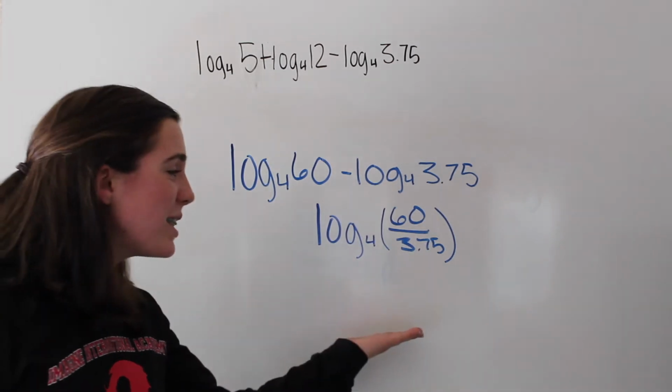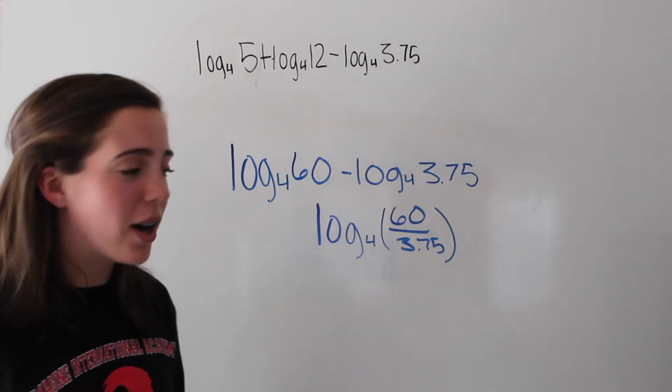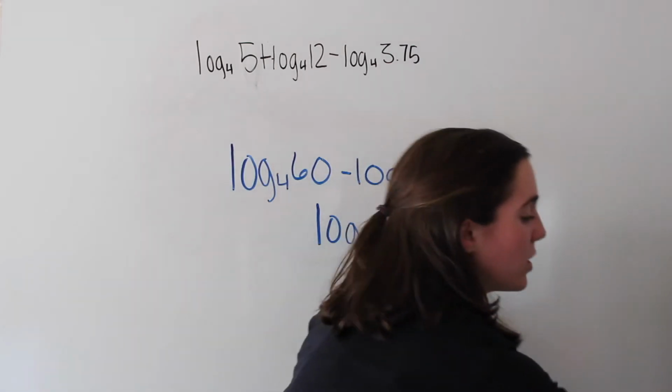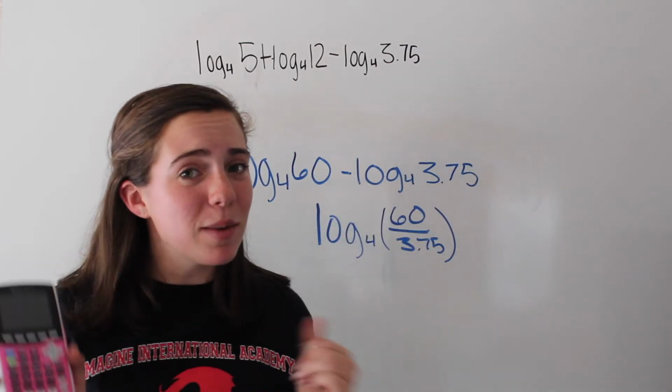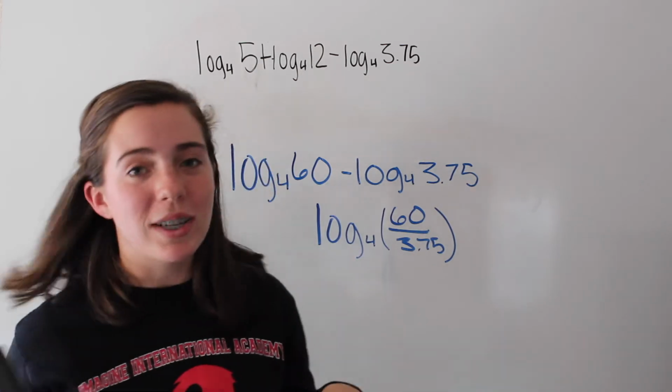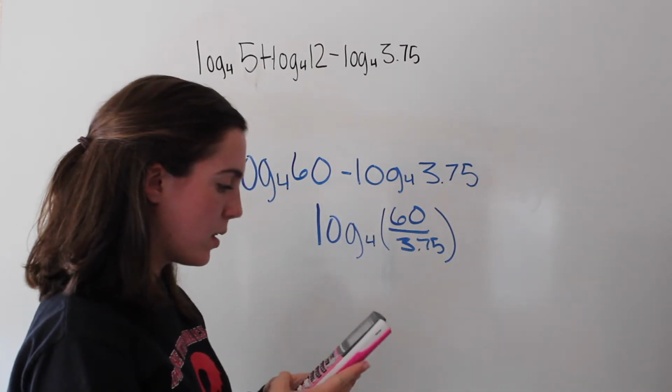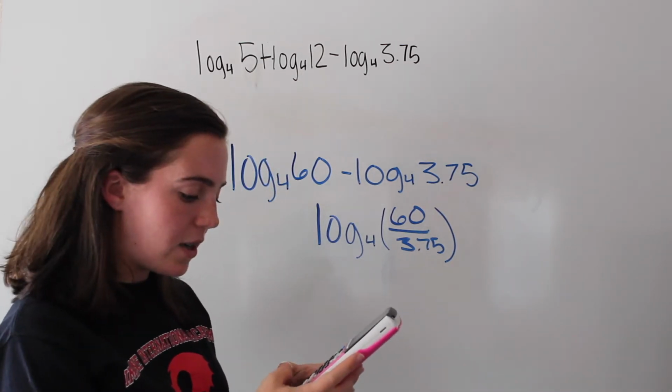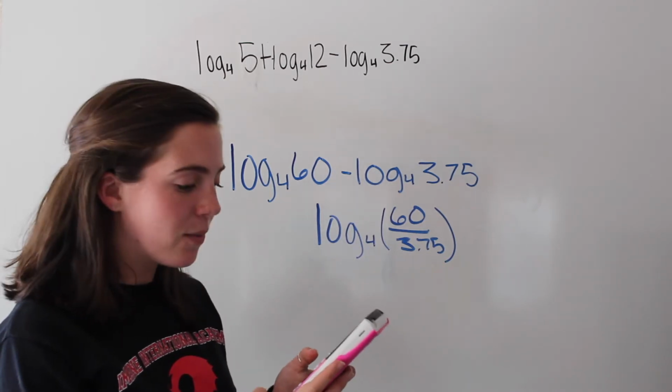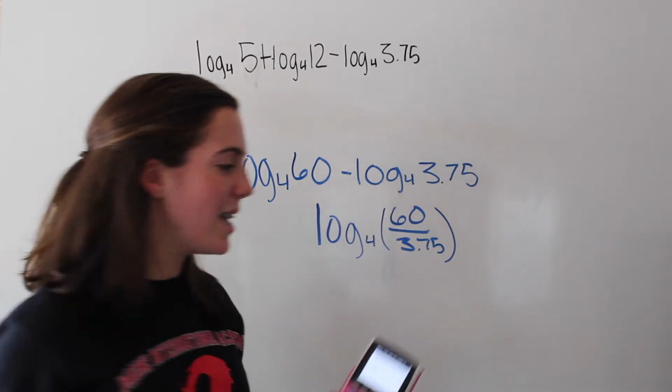So, if you can do this in your head, that's super awesome. I am going to consult my lovely calculator to make sure that that decimal works itself out right. Alright, so we're doing 60 divided by 3.75, and our answer is 16.